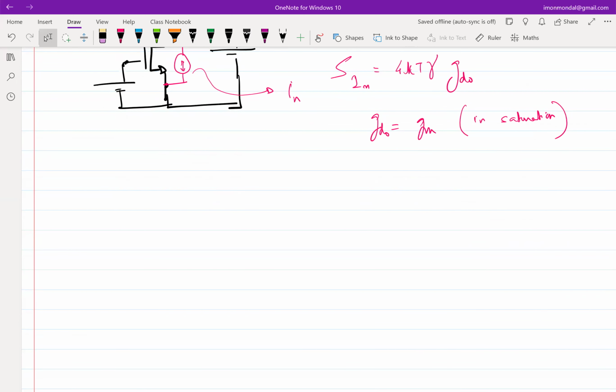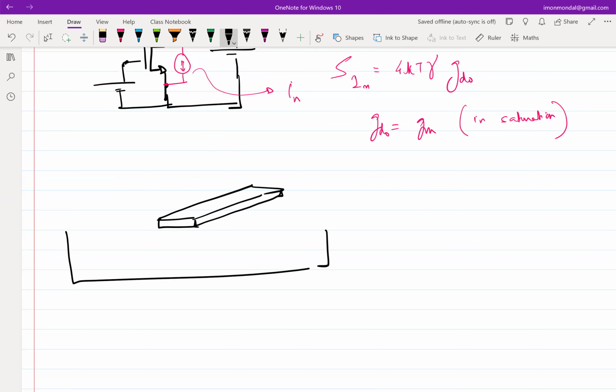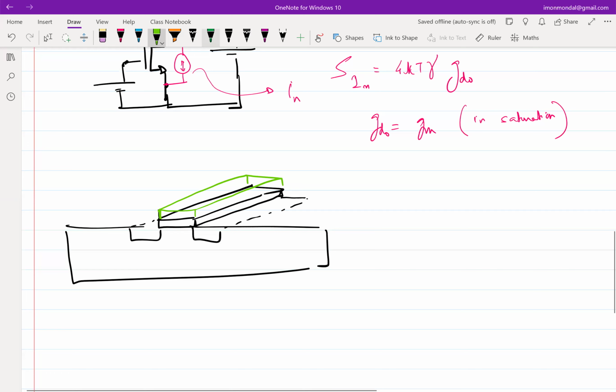So if you think about a cross section of a MOSFET, this guy is the oxide, and this is the metal gate.